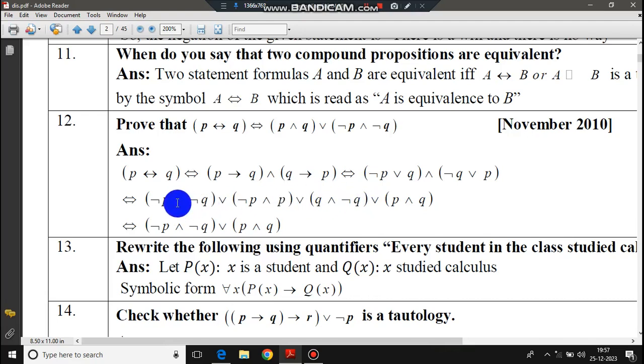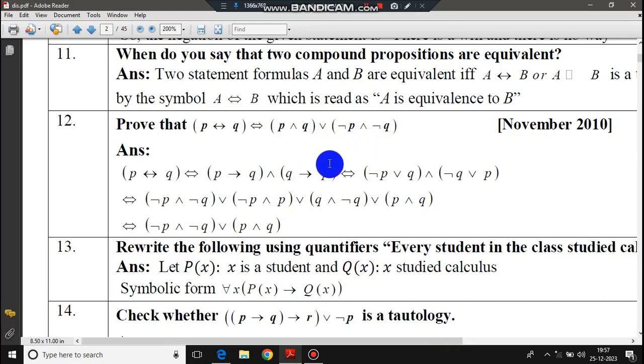Tautology into this formula will be equal to this formula. Okay, so we get the answer as P implies and implied by Q is exactly equivalent to negation P and negation Q.